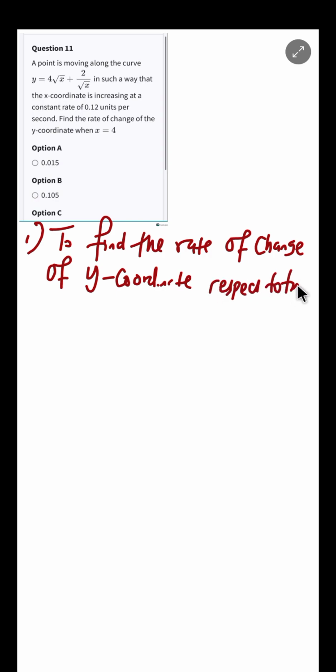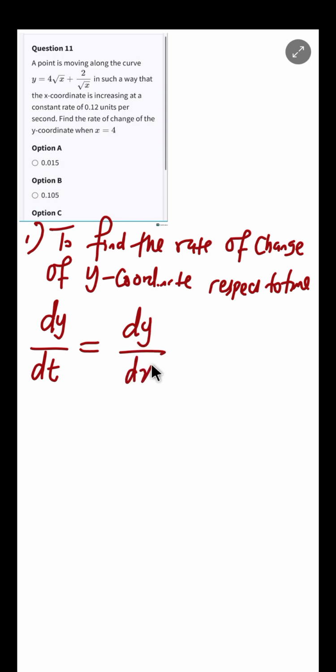To time. And then we have to make use of chain rule. That is, when I say find the rate of change of y coordinates with respect to time, that means I'm referring to dy/dt. And dy/dt, by the use of chain rule, since this is defined by y and x, I can use the chain rule as dy/dx times, how can I have this dy/dt back? It's by multiplying it by dx, so that this can cancel this, then I'll be left with dt. So if this cancels this, I still have the same thing.